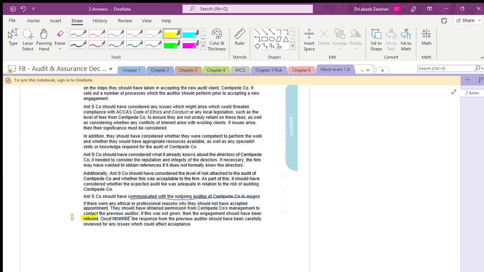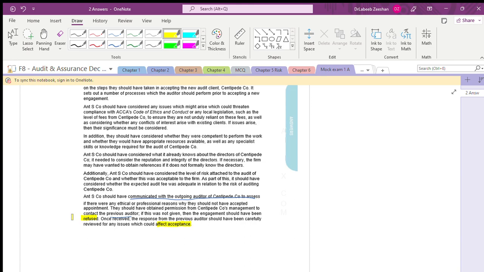If the previous auditor says don't accept, you have to go into details and check with the management, and straight away it has to be refused. Once received, the response from the previous auditor should be carefully reviewed, as it could affect the acceptance.